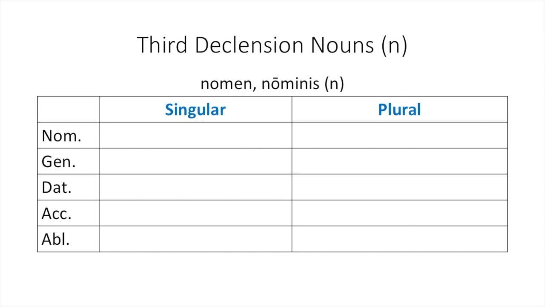You'll remember that this is not an I-stem noun. You will also probably notice it doesn't end in AL or AR or E in the nominative singular, so it's a regular third declension noun. Decline this neuter noun and then continue the video to make sure you've reviewed these endings correctly.